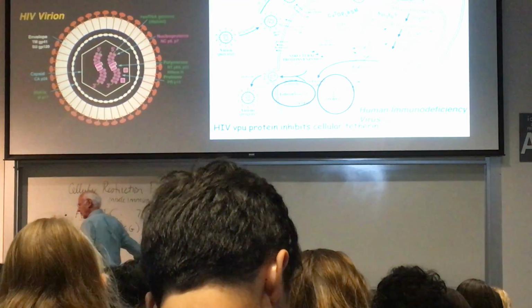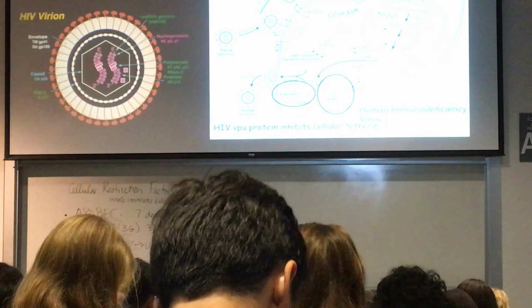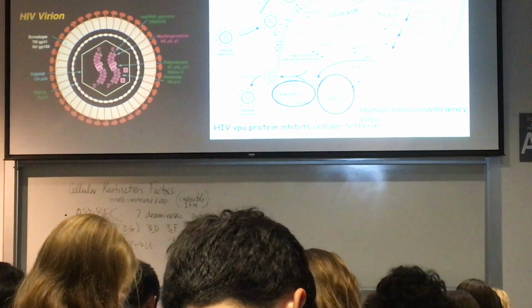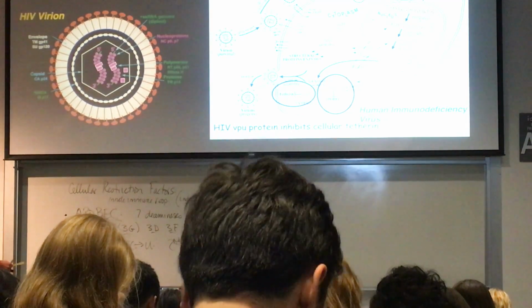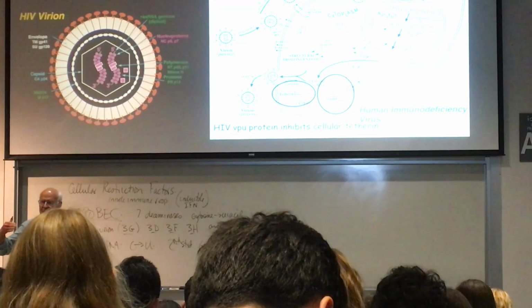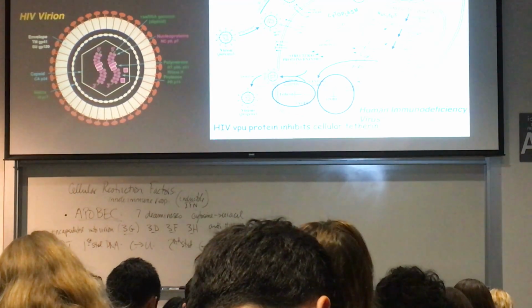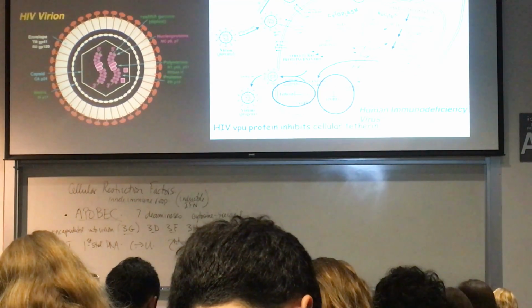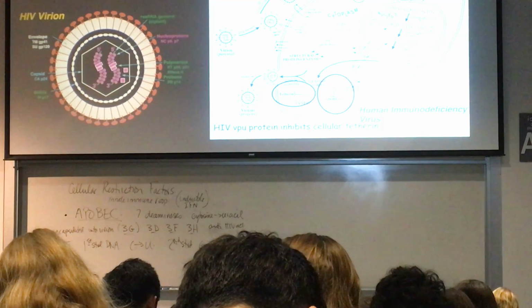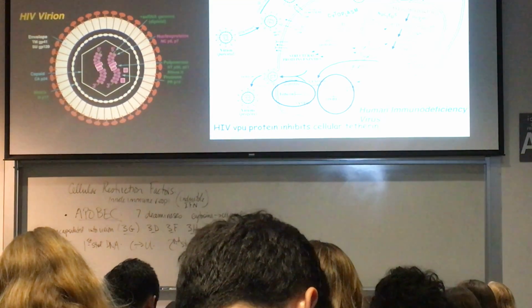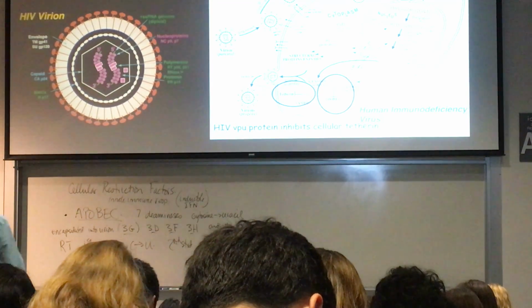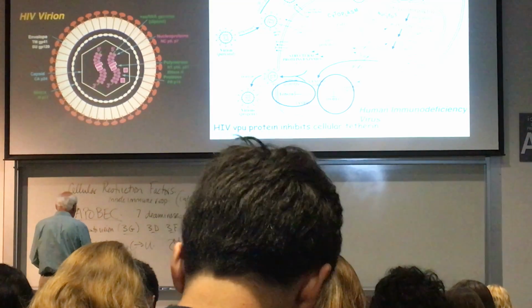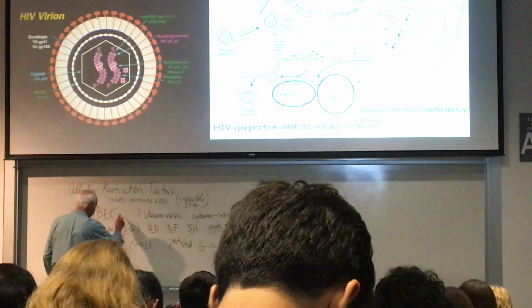Because you don't have a C, you have a U, so U would give an A instead of a G, and the second strand is there. So this leads to mutations in the viral nucleic acid that then ultimately lower the replication of the virus.